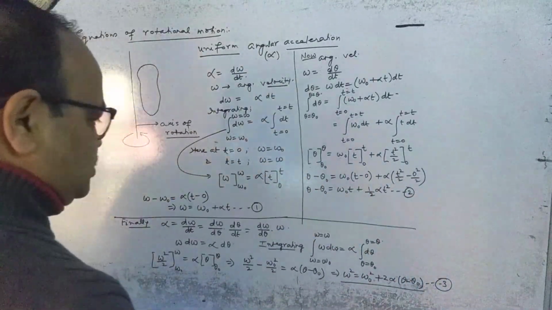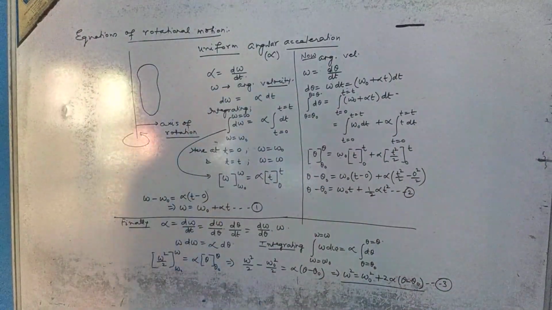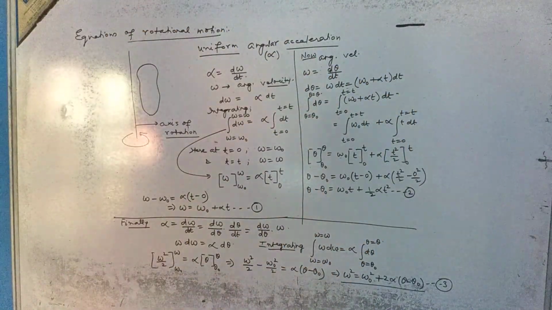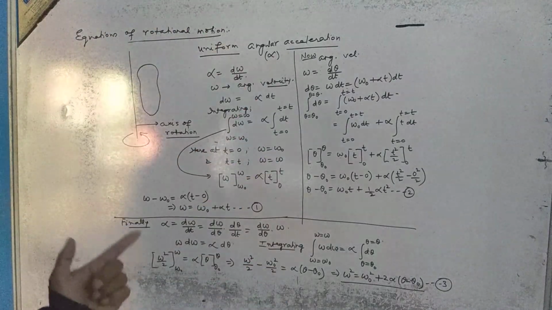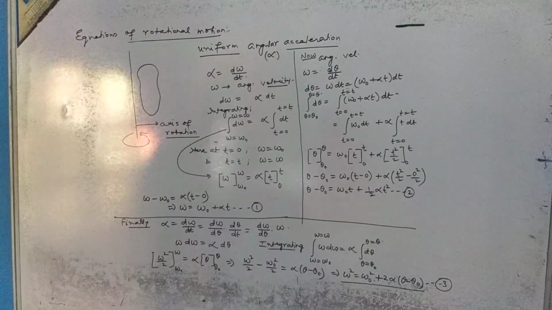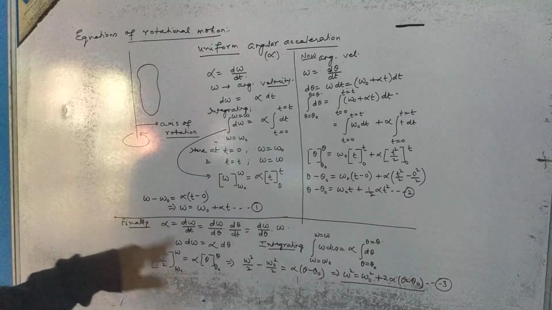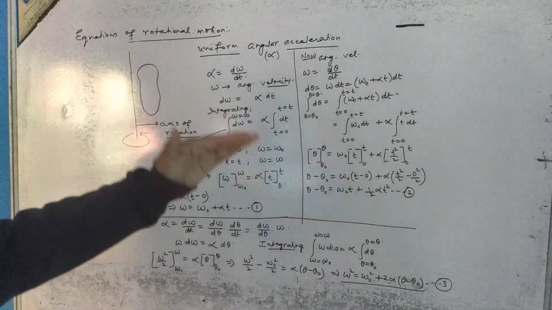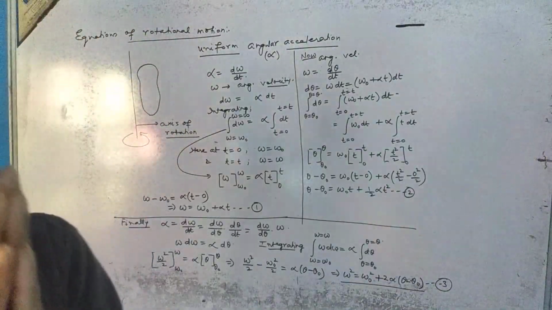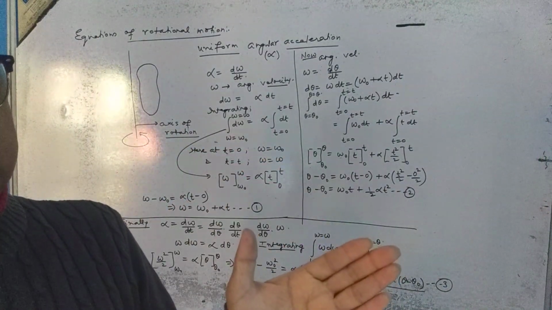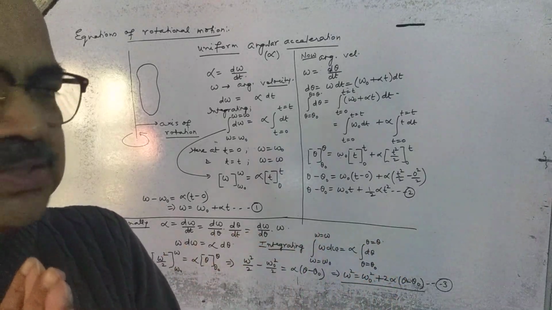Just check this equation. Repeatedly I am telling you, it is very much similar to our previous equations of kinematics, the calculus method we have done. These are the 3 important equations of rotational motion, very much similar to translatory motion. You can just study these.